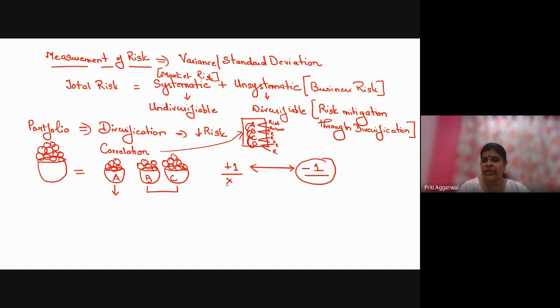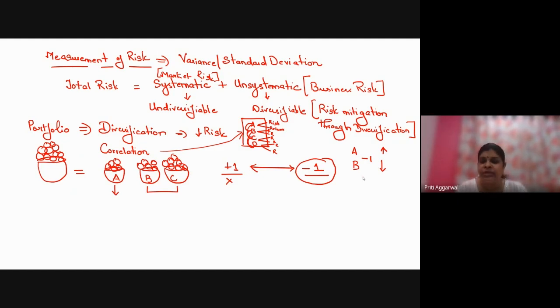Because as I said earlier, if I have A and B, two securities in my portfolio, and they are negatively correlated, if A is moving ahead and B is moving downwards, since there is a negative correlation between the two, at least I am convinced and I am sure that if A doesn't perform, B will perform. Or when B doesn't perform, A will perform.